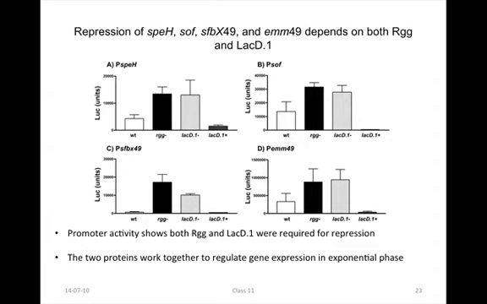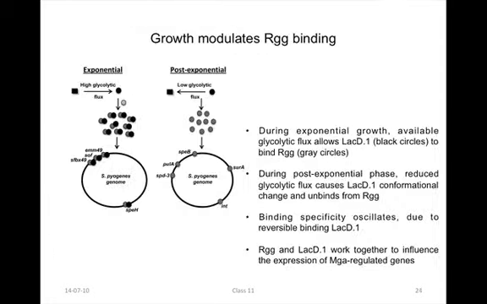Also, they figured that RGG and LAC-D work at the same time, in exponential phase, and that's shown in this next figure. During exponential phase, when the bacteria is undergoing glycolytic flux, when it needs the sugar going into the bacteria for growth, RGG, which is shown in gray, and LAC-D1, which is shown in black here, dimerize, and they also attach to the surface of Streptococcus pyogenes.